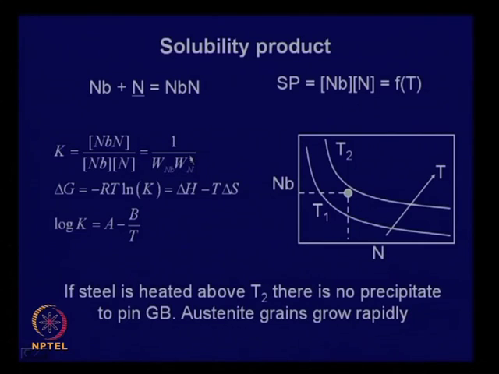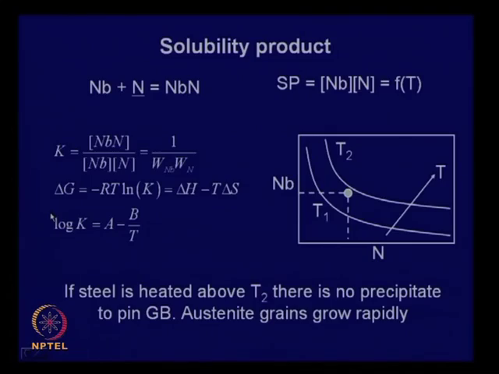And we know that this equilibrium constant is related to the standard free energy for this particular reaction, and with this it is possible to show that the log of this solubility product will be proportional to this.